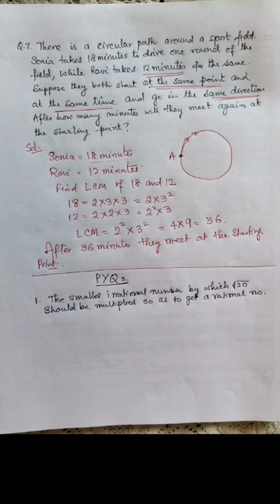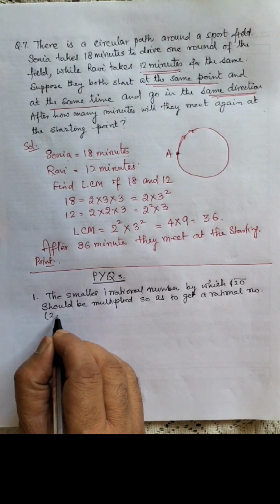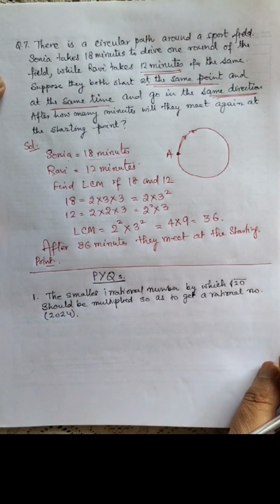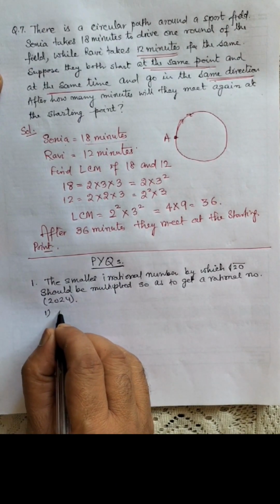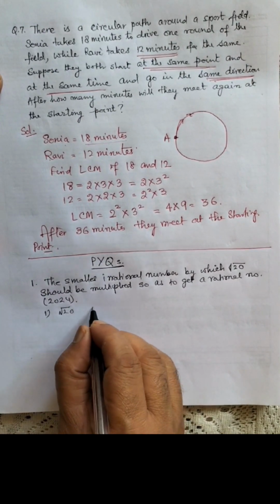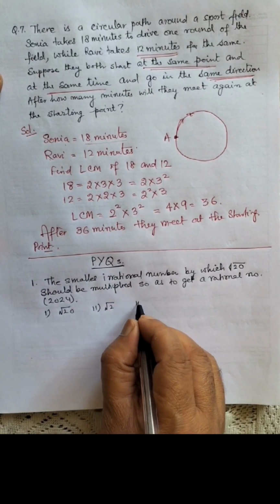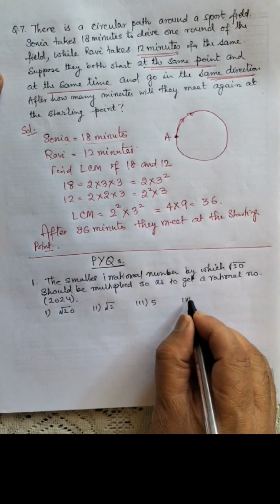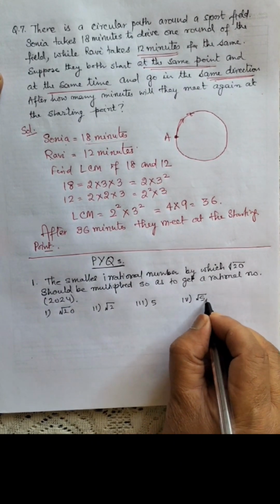This is an important question, and in the MCQ of the 2024 paper this was there, and the options given were: first root 20, second option root 2, third option was 5, and fourth option was root 5.